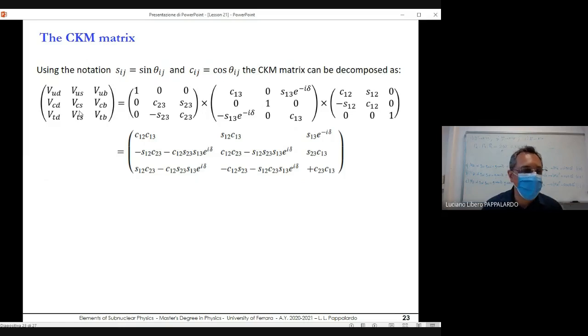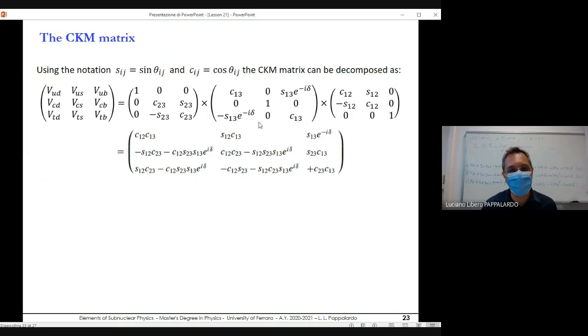Now, we can decompose the CKM matrix in a proper way. Let me just, for shortness, write S_ij as the sine of θij and C_ij as the cosine of θij. And so we can decompose the CKM matrix into these 3 blocks, three 3x3 matrices, or we can express it all together in terms of all these 3 real parameters and the complex phase delta.